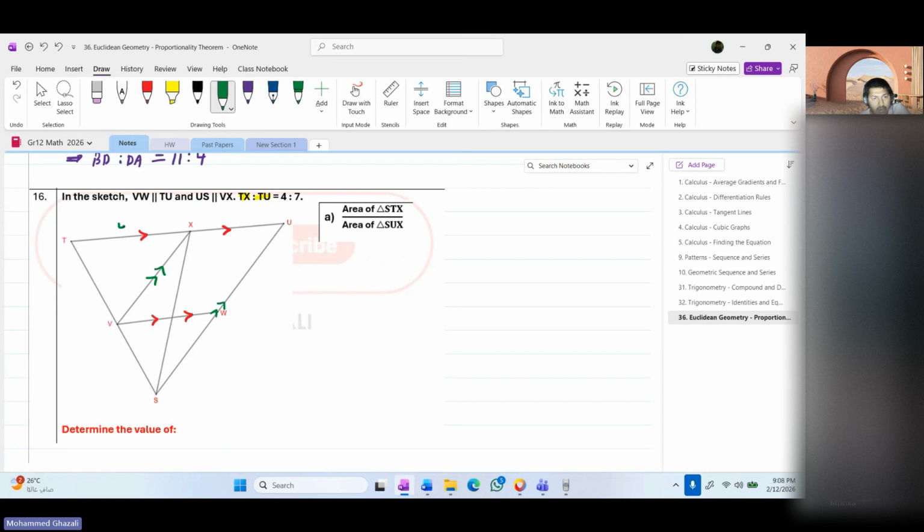TX is 4 and TU is 7. So 4x is to 3x, all right? Let me not use x now because I got a capital X there. Let's use ABC. 4a is to 3a.